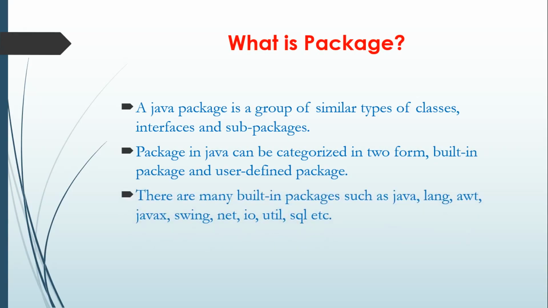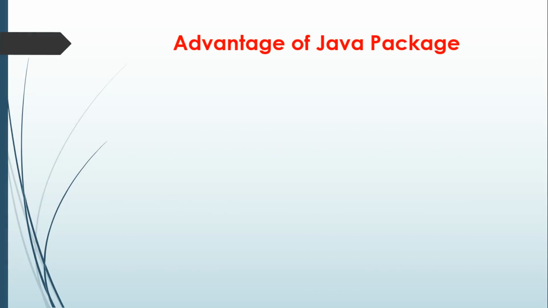There are many built-in packages such as java.lang, java.awt, javax.swing, java.net, java.io, java.util, java.sql, etc. Different types of built-in packages are already available in our JVM to make Java easier.